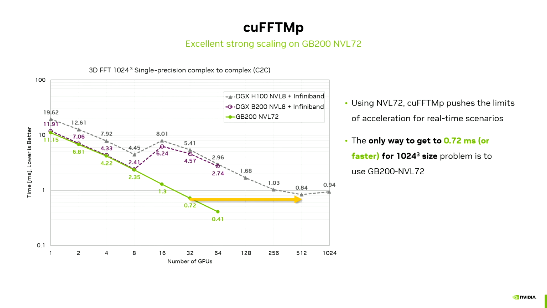If you look at a larger problem, you'll see the same scalability up until you get to 72 GPUs, at which point InfiniBand will kick in and you'll see a bump in those cases too. Does that answer the question?